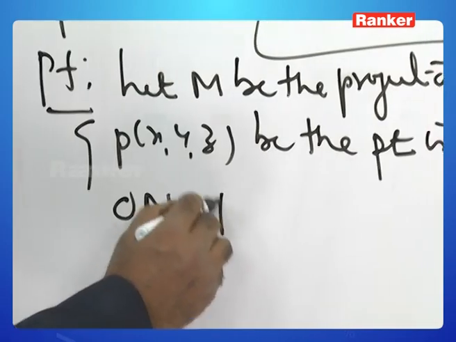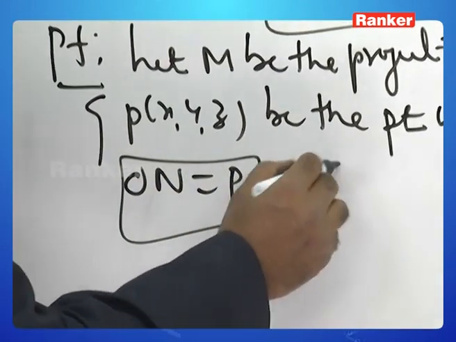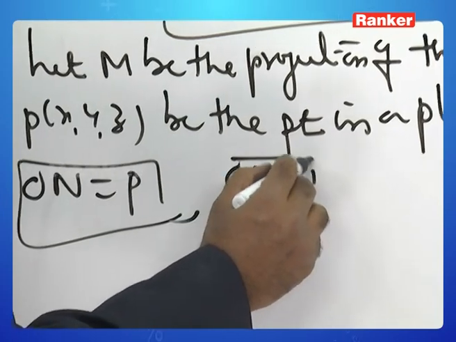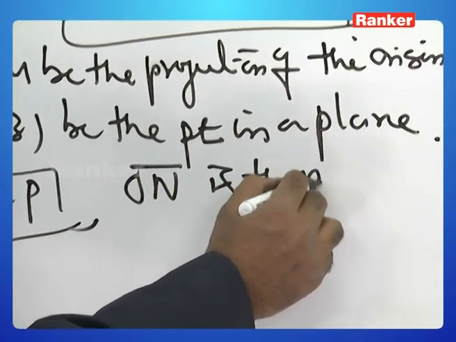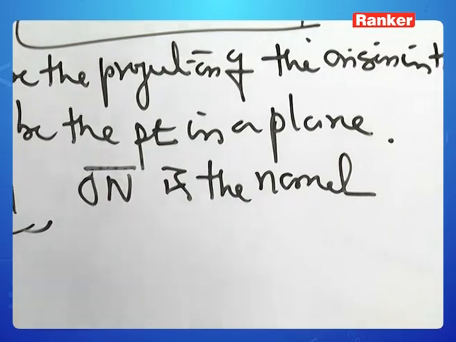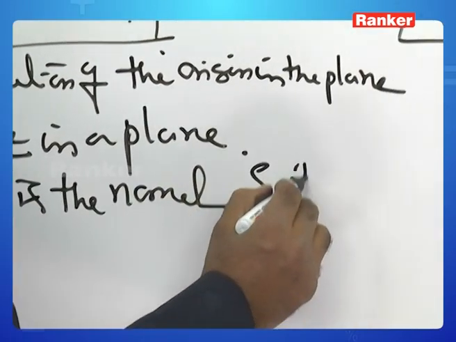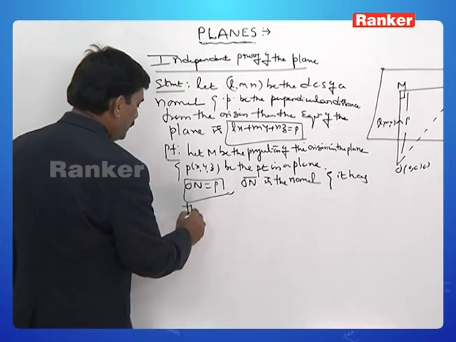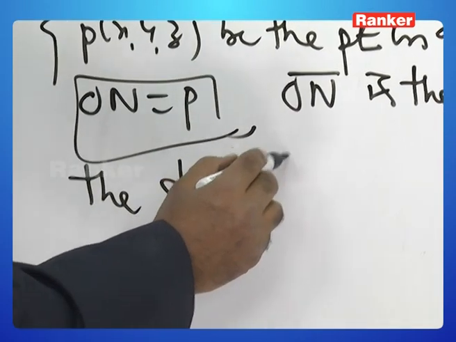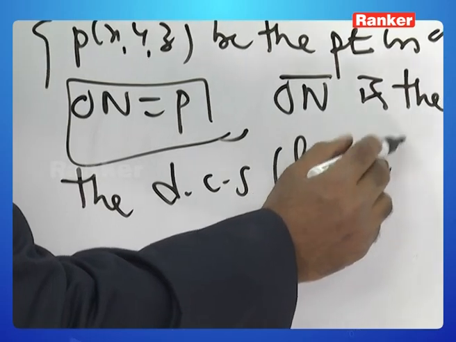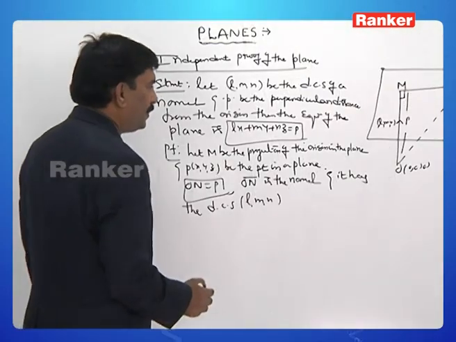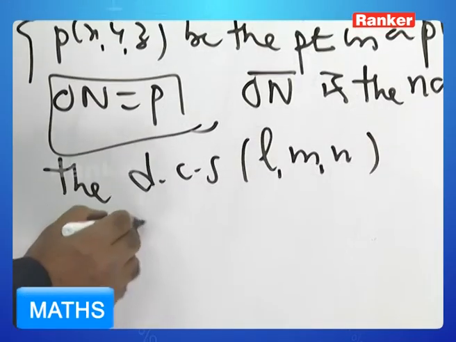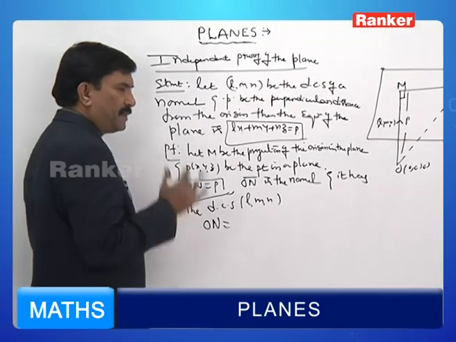ON is equal to p. And ON bar is the normal, and it has the DCS l, m, n. So therefore, ON is nothing but a length.